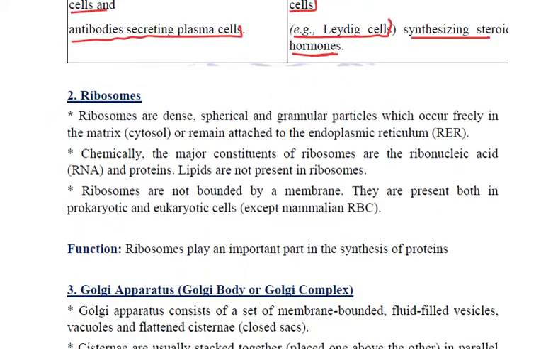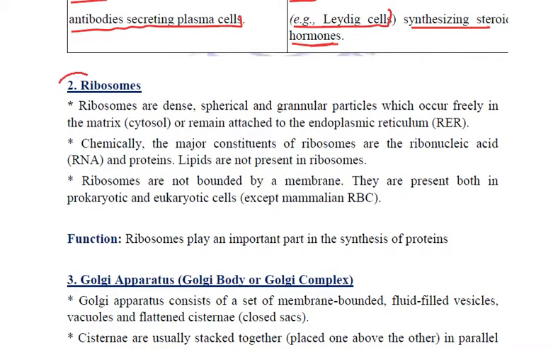Let us come to a bit of details about the second cell organelle, that is ribosomes. Now these ribosomes are dense, spherical and granular particles, and they occur freely in the matrix, that is the cytosol, or they remain attached to the RER we have just seen.